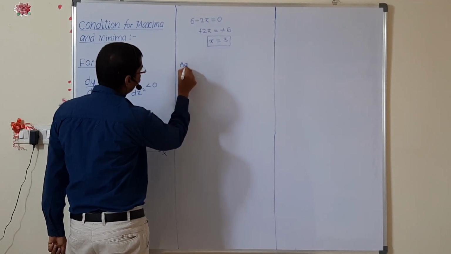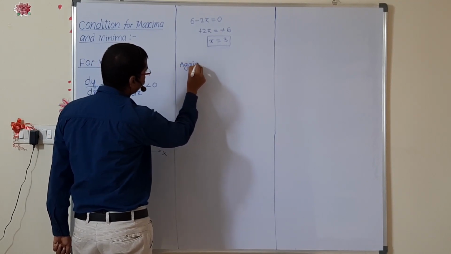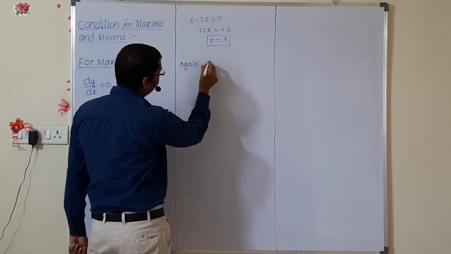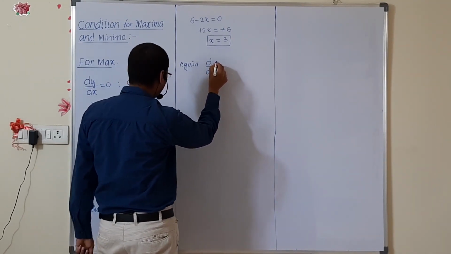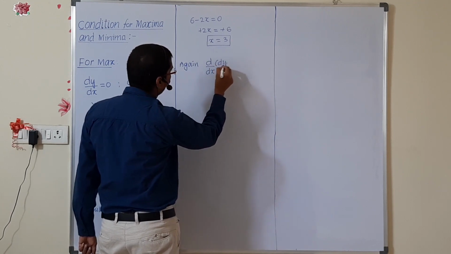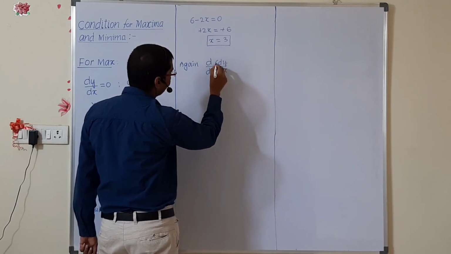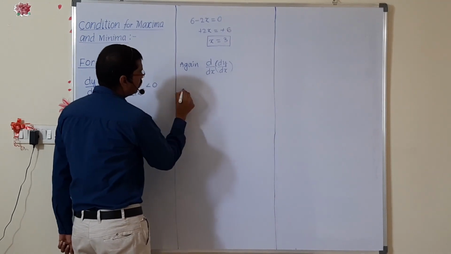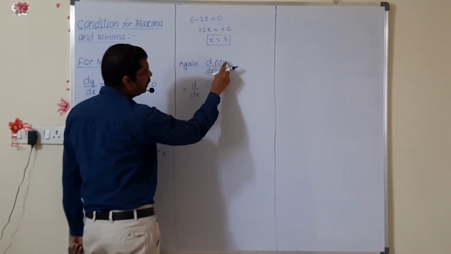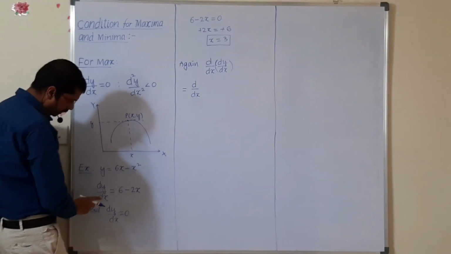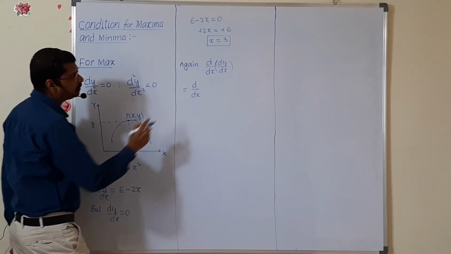Again differentiating. Which one am I differentiating? dy upon dx I am differentiating. Now you can write d upon dx of dy upon dx. What value are we getting? dy upon dx is 6 minus 2x.